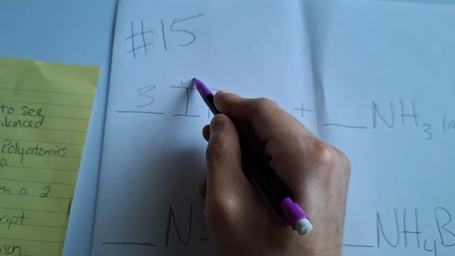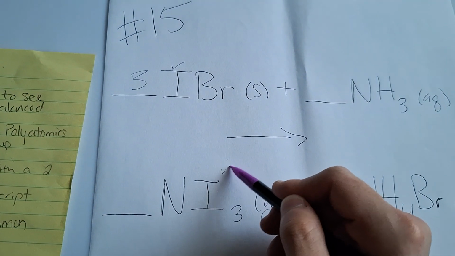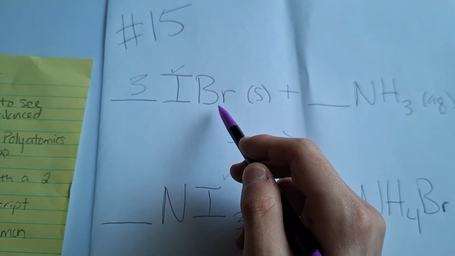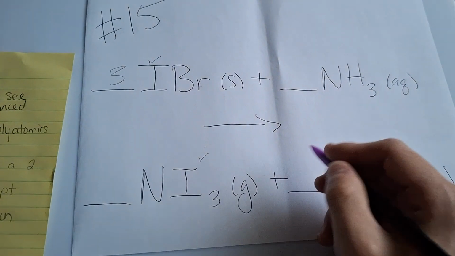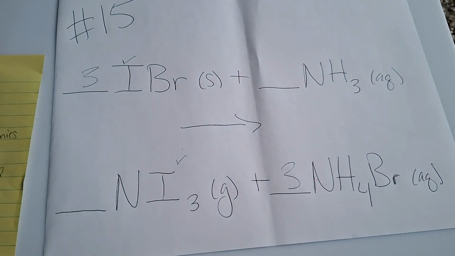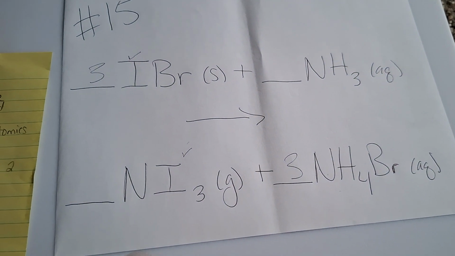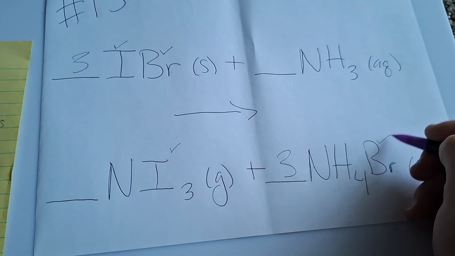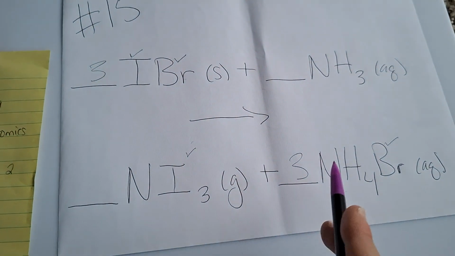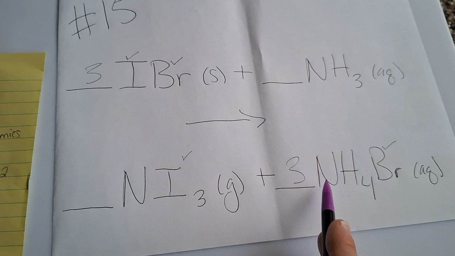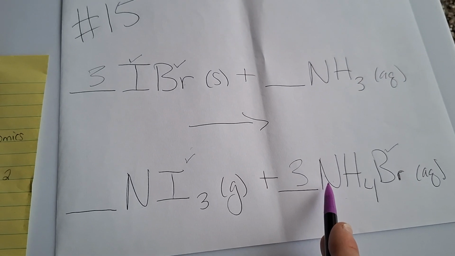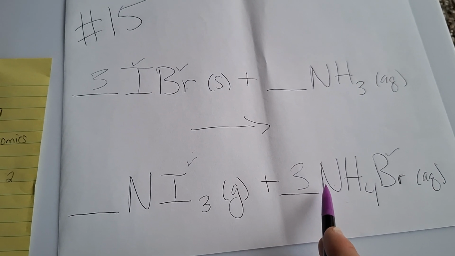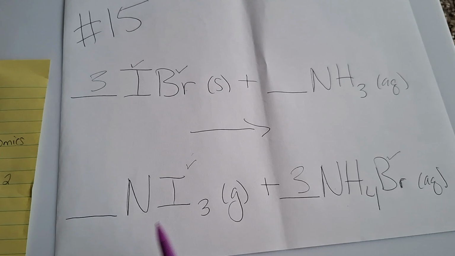Because then our iodines balance out. Alright. That gives us 3 bromine. So if we have 3 bromine, we gotta do 3 bromine over here. Okay? That balances bromine. But if we have a 3 here, that gives us 3 nitrogen here. And a 4th here.